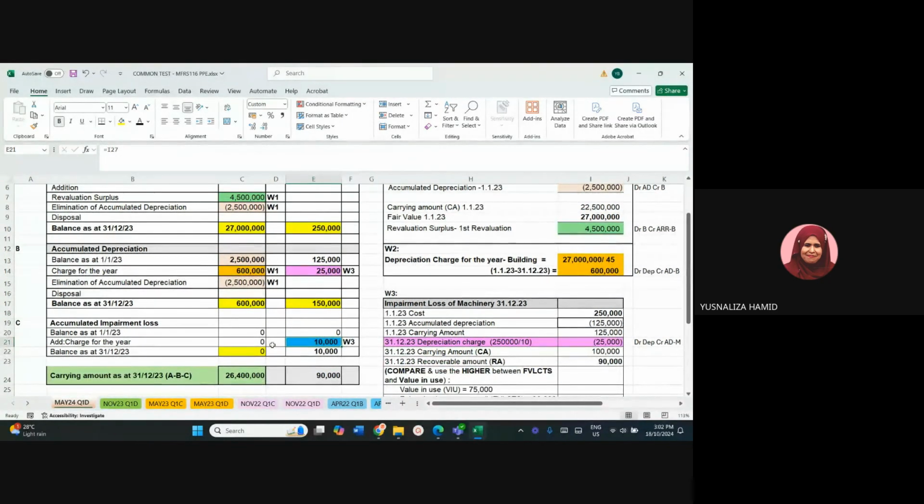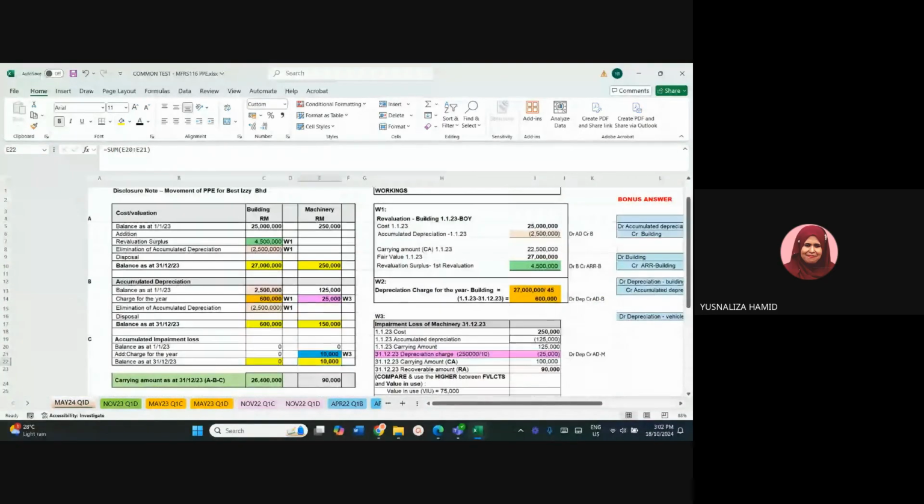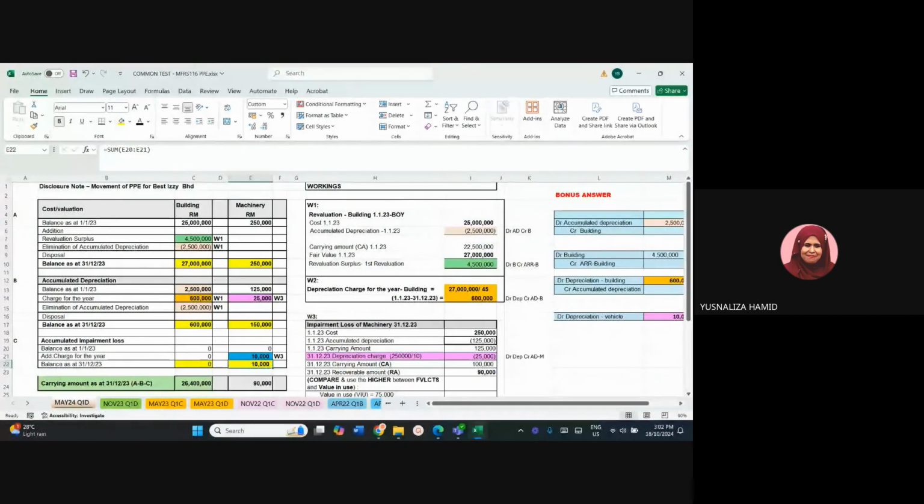So now the balance is 10,000. So 250 minus 150 minus 10,000, which is the accumulated impairment loss. So that is the accumulated impairment loss.